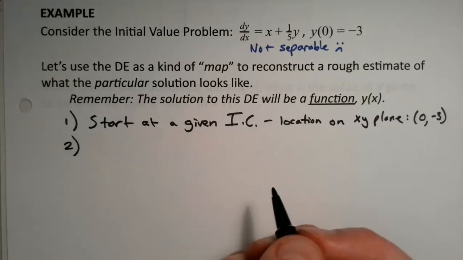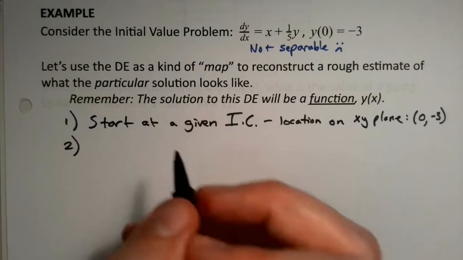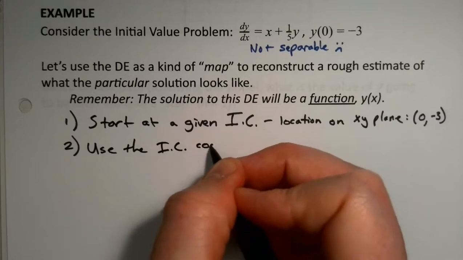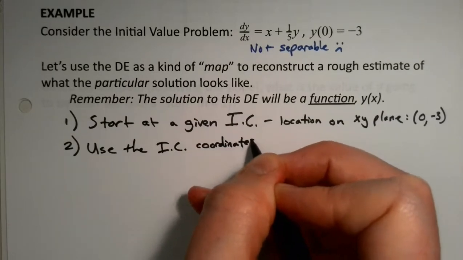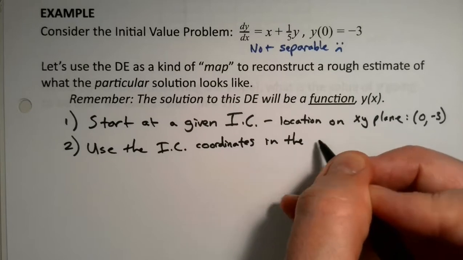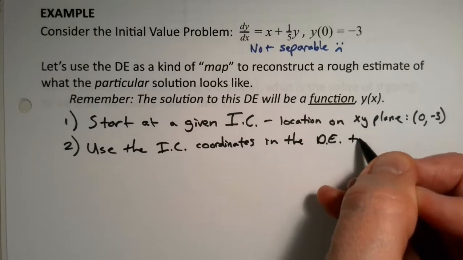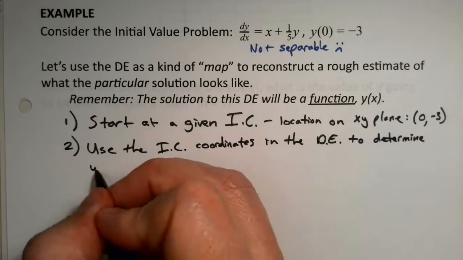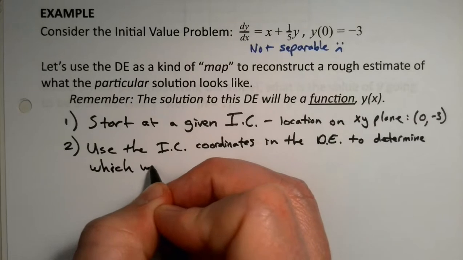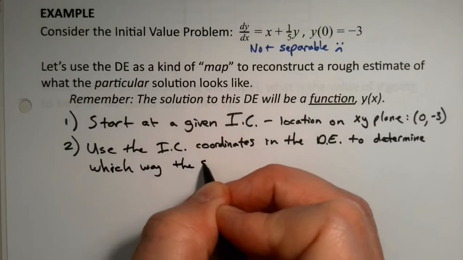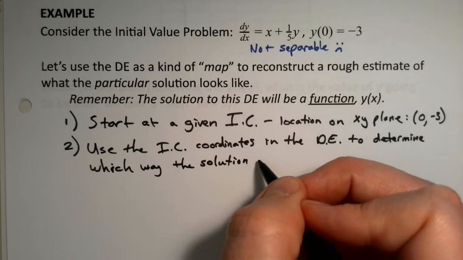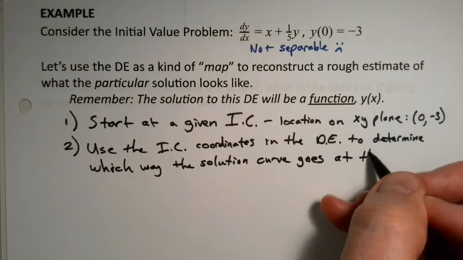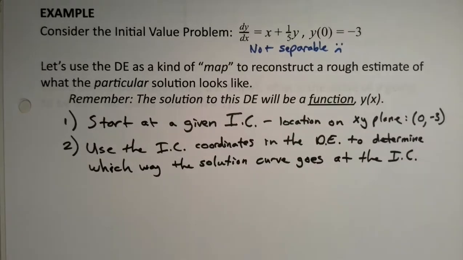And the second step in our process is we're going to use the IC coordinates in the differential equation to determine which way the solution curve goes at the IC. Now think about what that's saying.